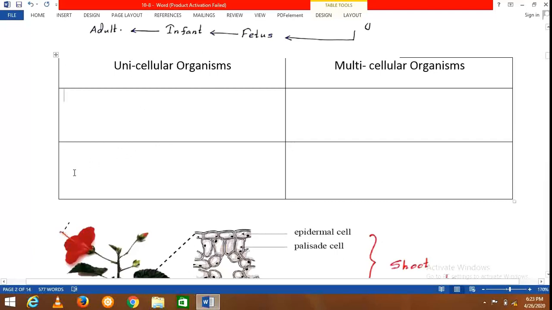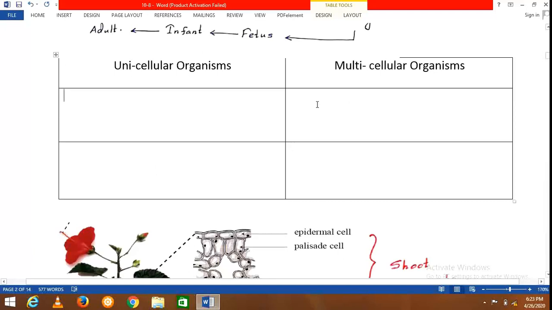For example, the chloroplast is responsible for photosynthesis, mitochondrion is responsible for cellular respiration, nucleus is responsible for controlling cellular activities and transmission of genetic material from generation to generation. Likewise, there are organelles which are well developed to perform different functions.